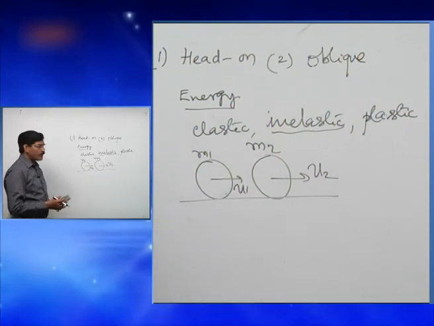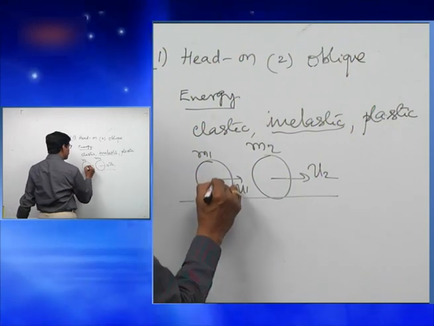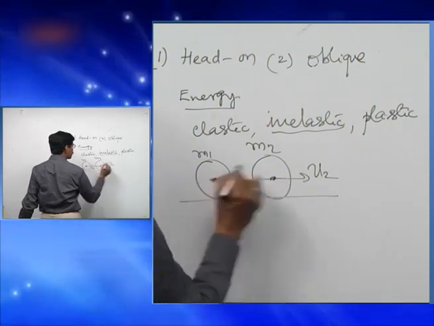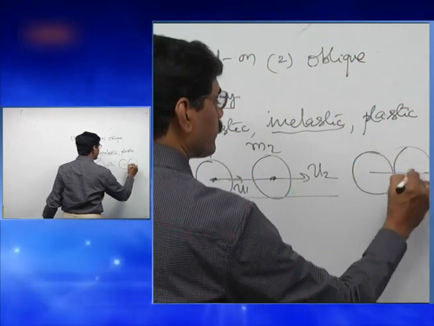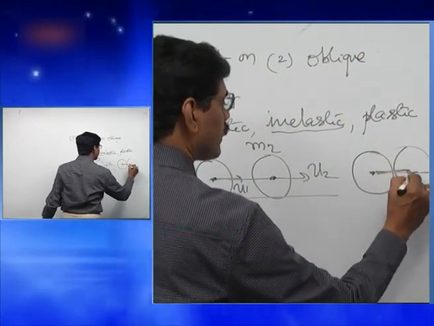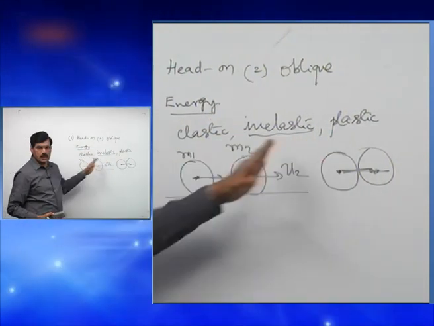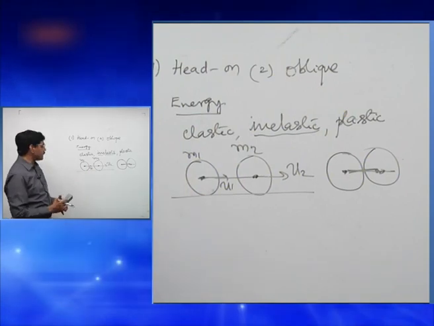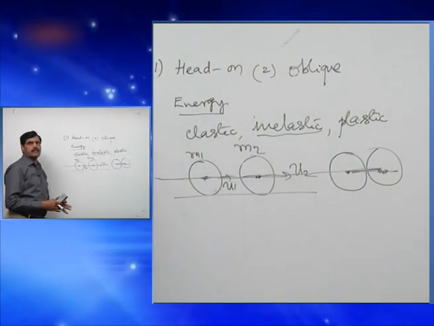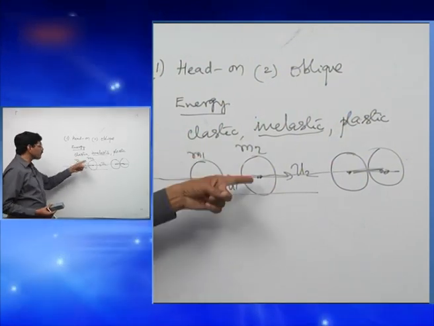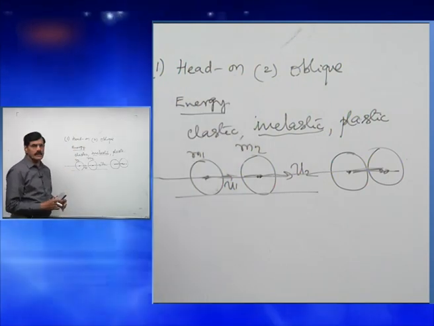During hitting, this will exert force on that. The force it exerts, that is the interaction force, acts along the line joining them. After collision, if the colliding bodies continue to move along the same line in which they were moving, that is, the line of motion continues to be the same as before collision, then that collision we call head on.